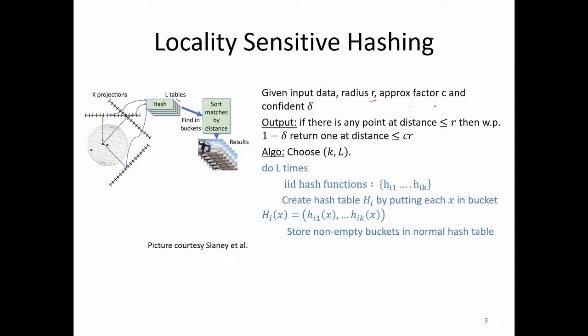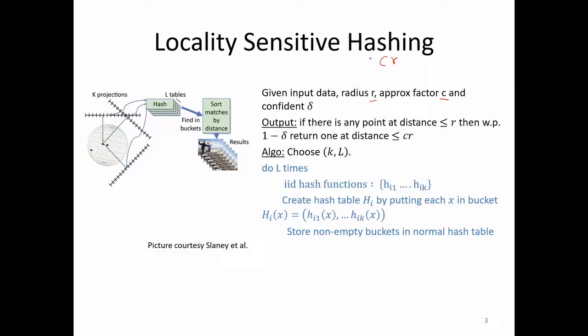Okay, and then you specify an approximation factor c. We have discussed this already. So the idea is that you are willing to tolerate up to c times r, but points beyond c times r radius are considered bad.